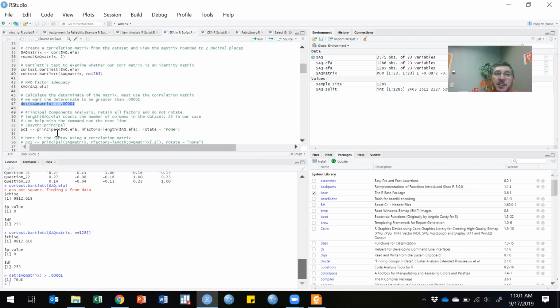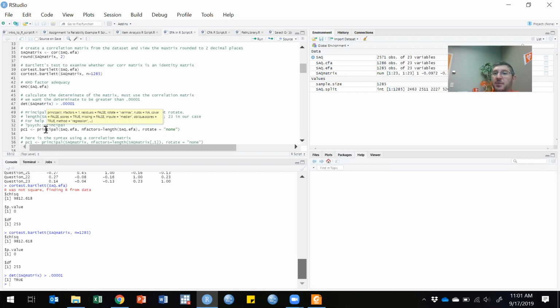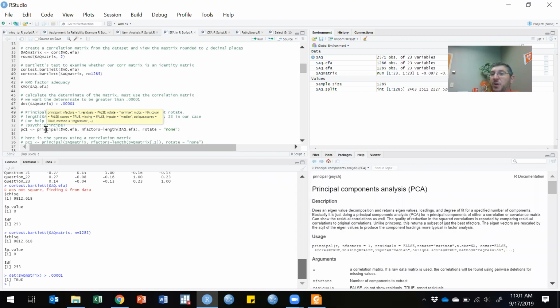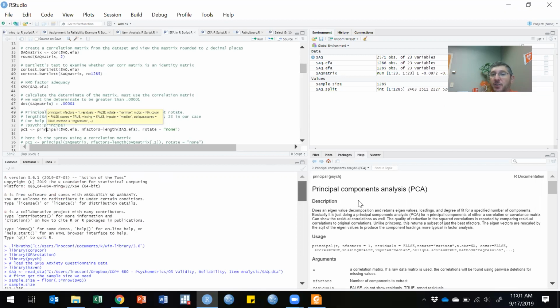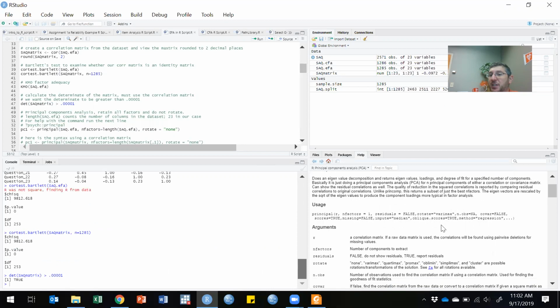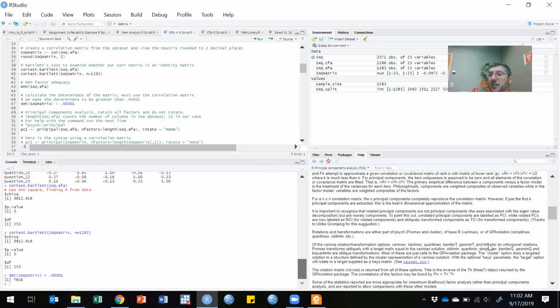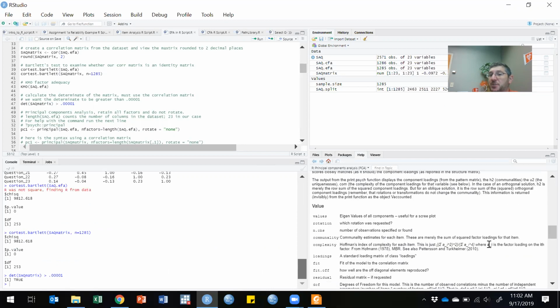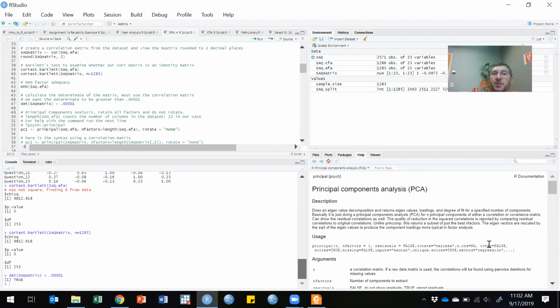If you want help with the function, you can highlight it, press F1, and you can get the help file for principal component analysis. So you can see the structure of the syntax, what each of the arguments mean, and then a little description about what's going on.